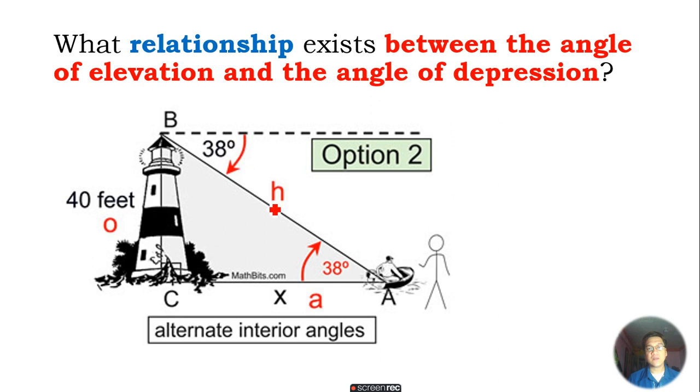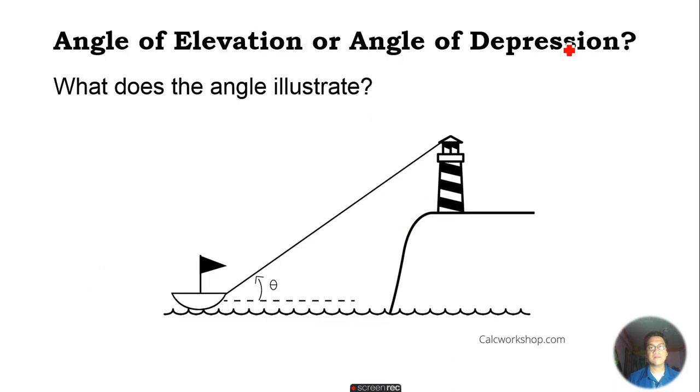This will just be equal to the angle of elevation from this person if he will look up to the top of the tower. So an angle of elevation is formed in the same manner as the angle of depression. They are just equal to each other because they are alternate interior angles.